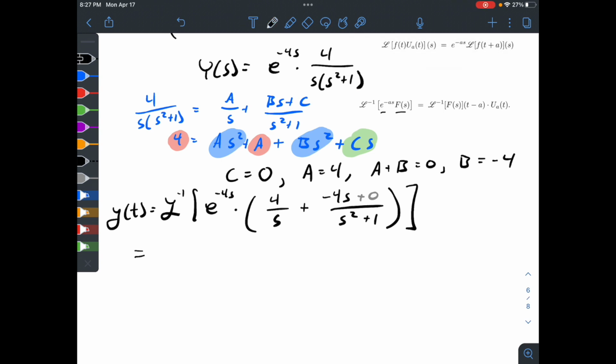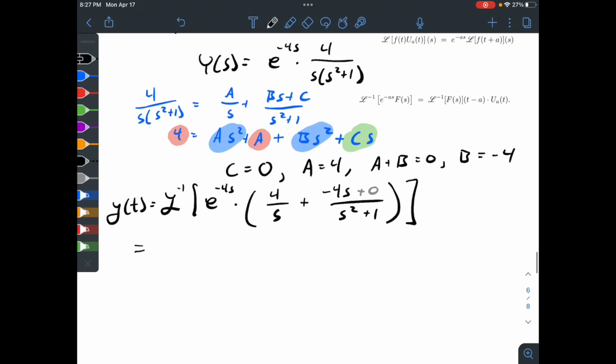Okay, so L inverse of e to the -as times some function. We just do L inverse of that function as normal, but then at the end replace all of our t's with t minus a's, and then we multiply by u sub a. So we do L inverse of 4 over s minus 4s over s squared plus 1.